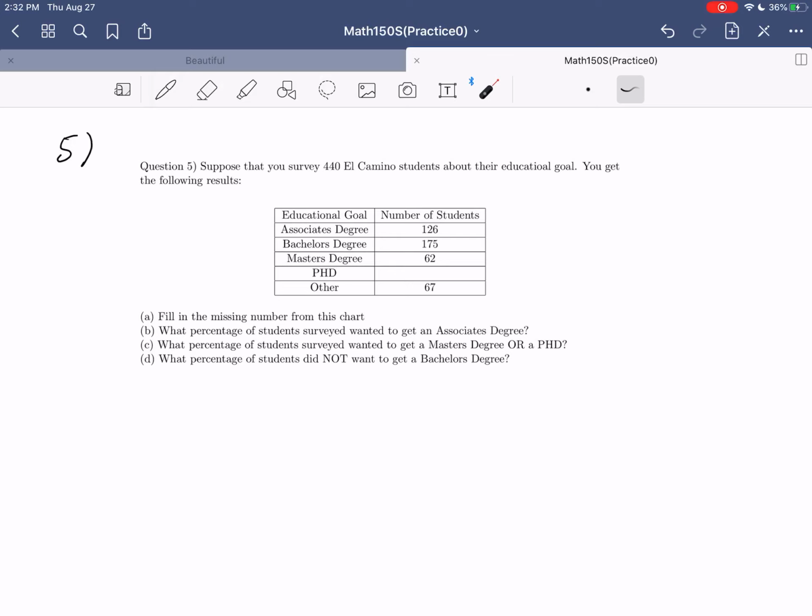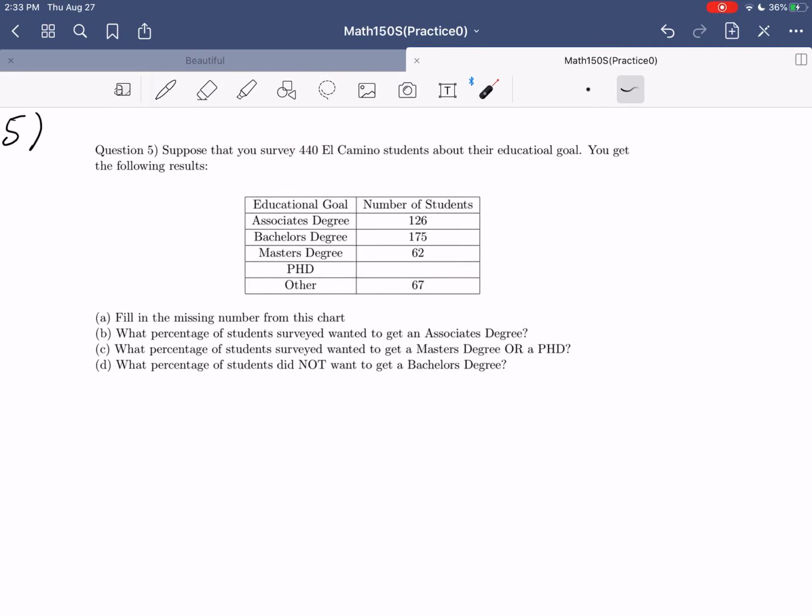How do we fill in that missing number? Well, the key is that we know that there's 440 people overall, and everybody had to go into one of these categories. So that means that whatever is left over from this 440 should go here. So to do this, we can take our 440 and subtract the sum of all these other ones, because all these other people picked something else, so whatever's remaining are the people who picked trying to get a PhD.